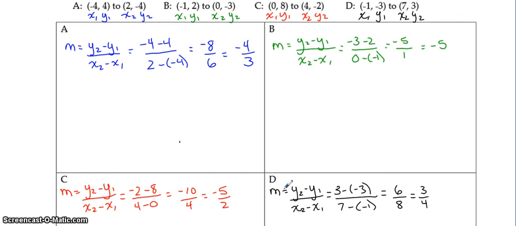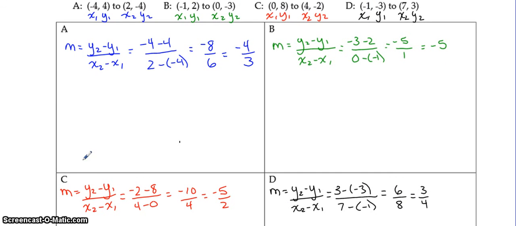If you want to check your answers to C and D, so for question C, y2 minus y1 was negative 10, x2 minus x1 was 4, lowest terms is negative 5 over 2. For question D, y2 minus y1 was equal to 6, x2 minus x1 was equal to 8, and in lowest terms 3 over 4.